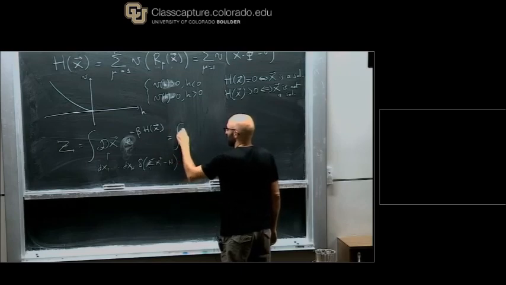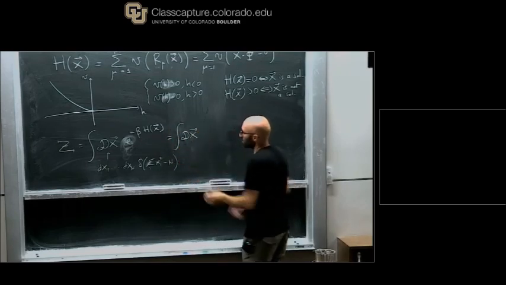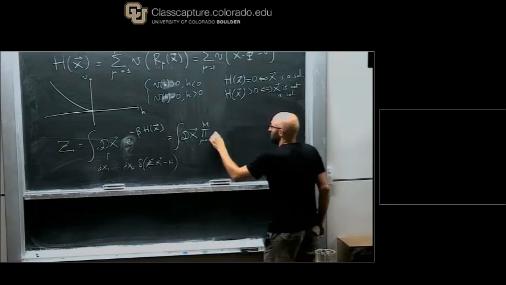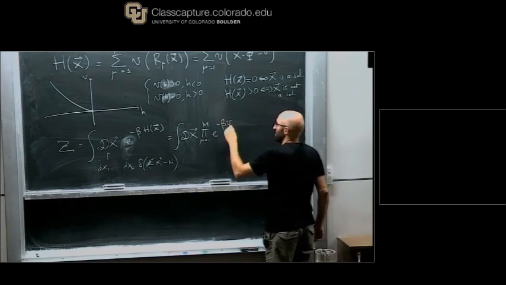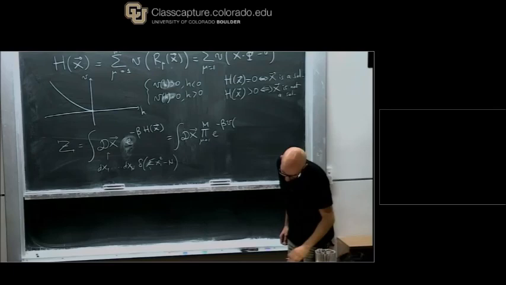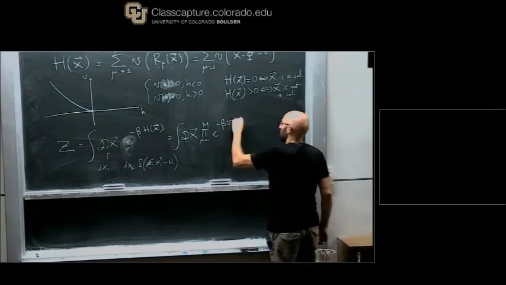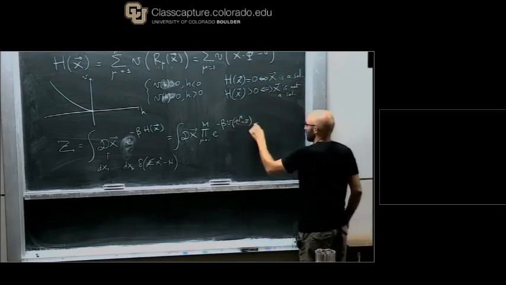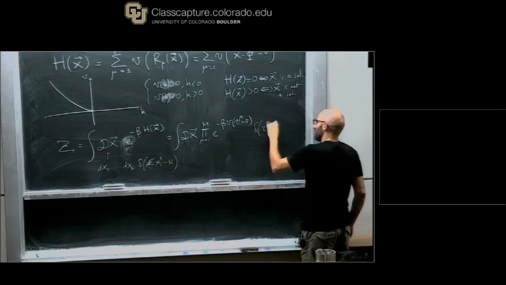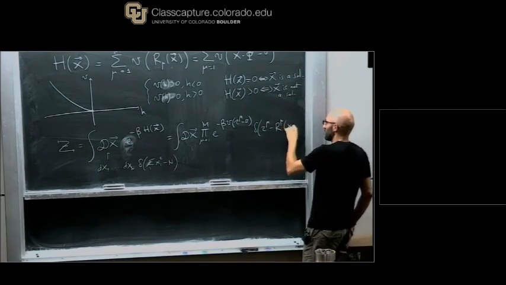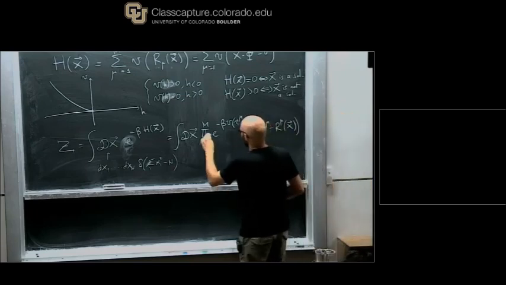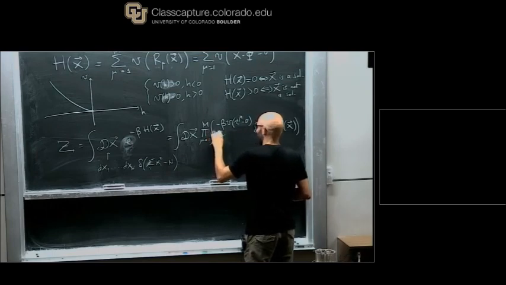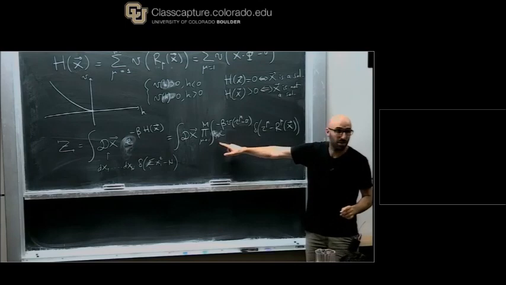I'm going to write this as integral over dx of the product over mu from 1 to m of exponential of minus beta v of r mu minus sigma, and then I will put here a delta function of r mu minus r mu of x, and I will also integrate over r mu.